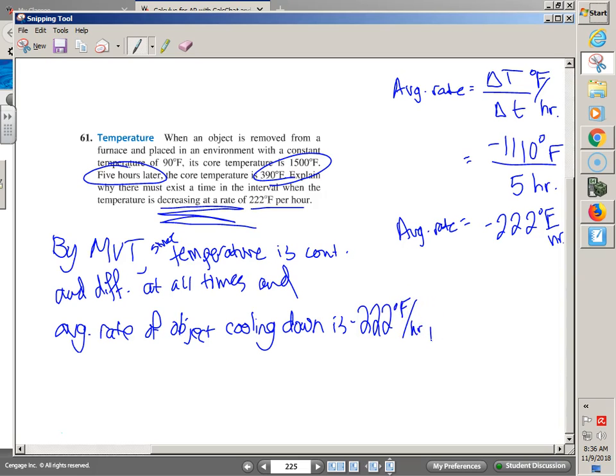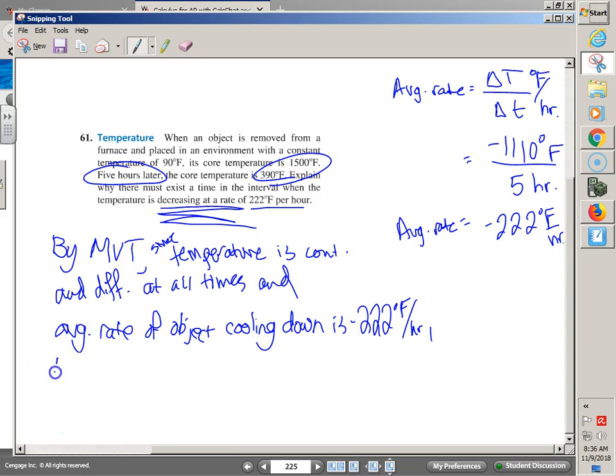Now we can go ahead and just use their wording because we've already said that the temperature is continuous and differentiable at all times, hence on the closed and the open. It's like motion. The average rate of cooling down is negative 222. Well, MVT says the average rate must equal the instantaneous rate for some time.